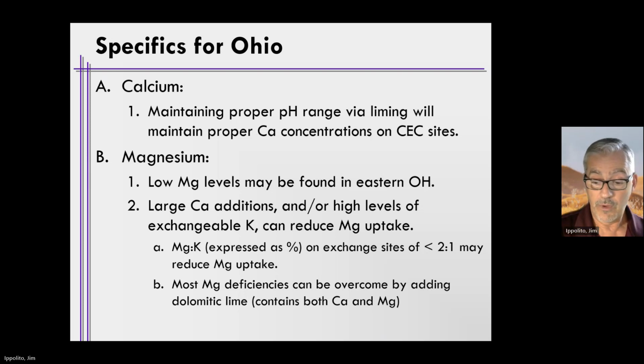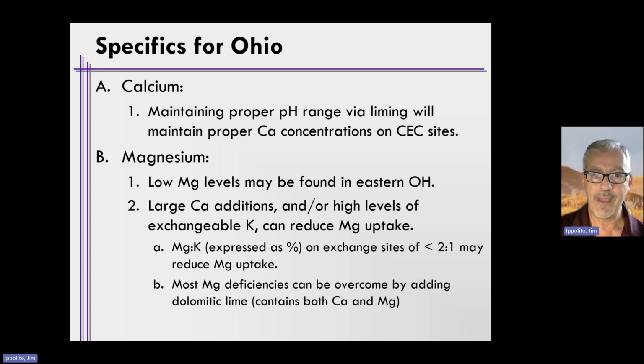So what I'm telling you is that we oftentimes lime our soils to raise the pH, so to put the pH in the range that's necessary for plant growth and offset the issues that we might see with aluminum toxicity. And by doing so, we oftentimes use a liming source that contains calcium, right? In fact, all of our liming sources contain calcium. And so we don't really add calcium as a fertilizer, we add it as a liming agent, and we get the added bonus of adding calcium to our exchange sites.